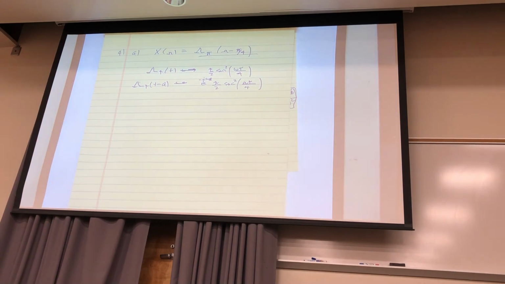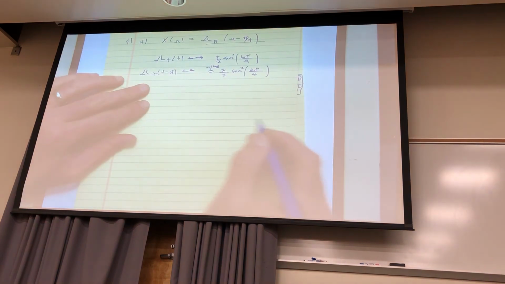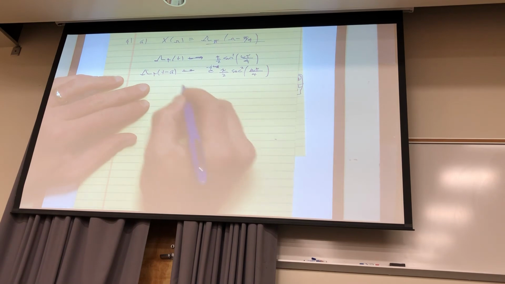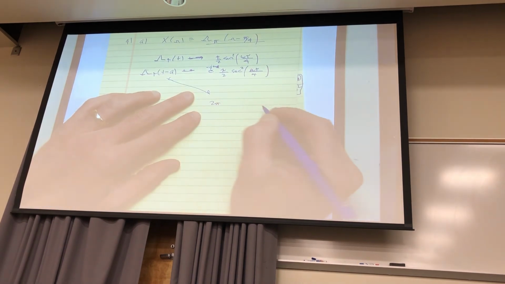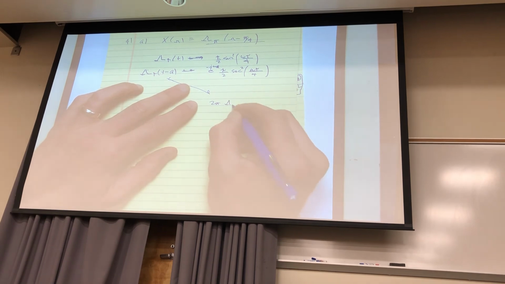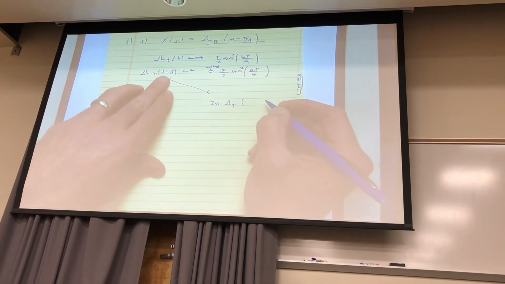Follow me? Now I use, and by the way, this functional form here only exists between minus pi and pi, right? It's actually between minus pi over 2 and pi over 2, correct, class? In the frequency domain. So I know I can use duality. To use duality, I take the functional form here, and I multiply it by 2 pi. And then, same width, that I'll get to in a second, I replace t with minus omega, right?